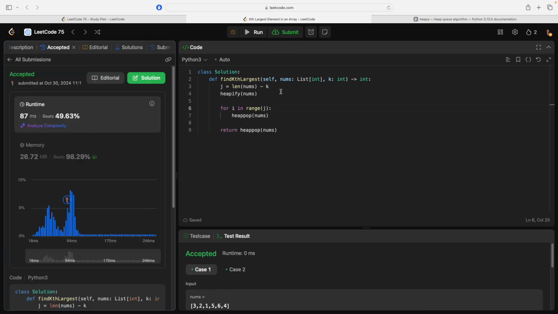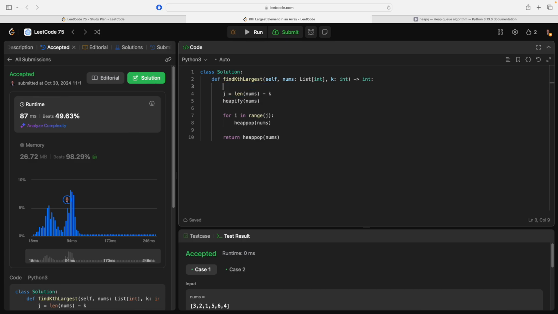So basically we're saying, okay, j is the number of elements that we pop off so that the top of the min heap is the kth largest.